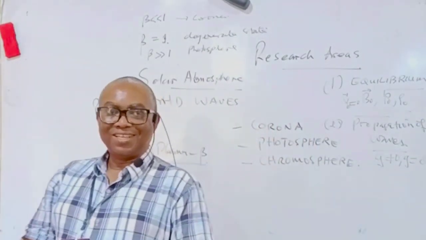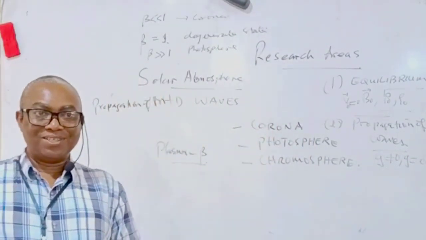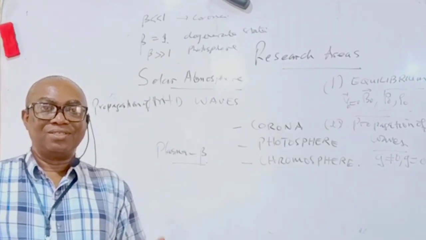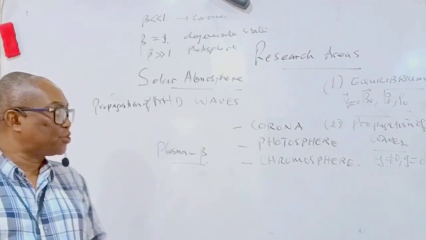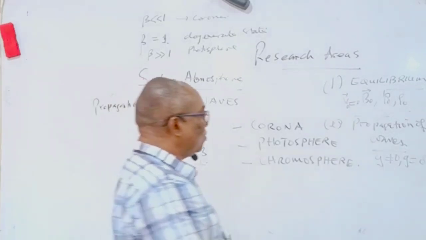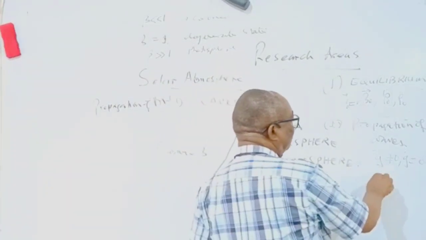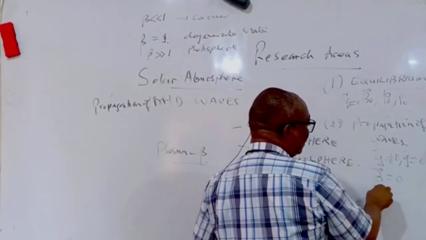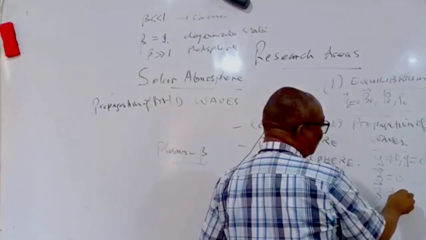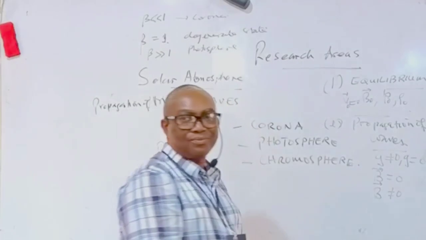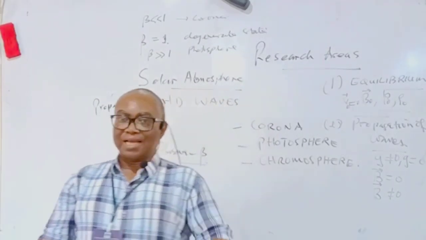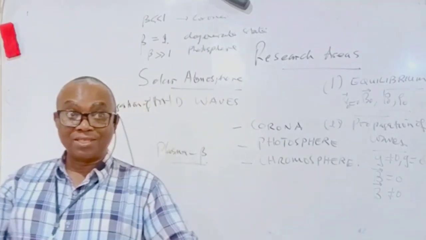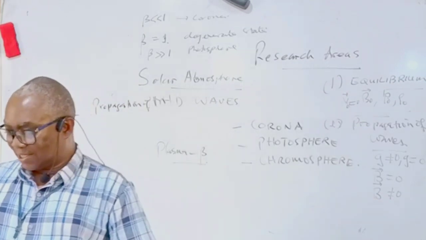That's what we have done. Now, we also did this when the magnetic field is 0. And we also did it when the magnetic field is different from 0. These are things we have considered in the last couple of our lectures.